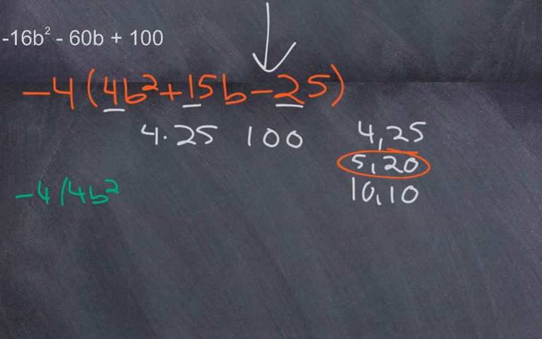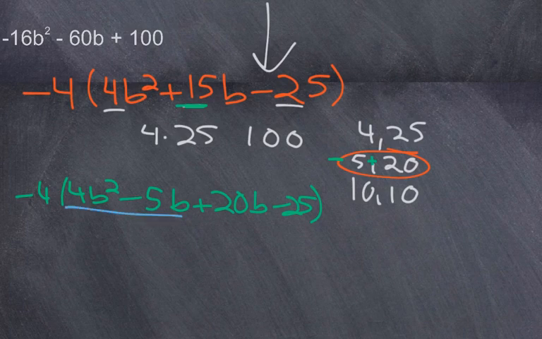Hold on. Opposite symbols. So we need a positive 15 on the inside. So one of these needs to be negative, the 5 or the 20. Well, to get a positive 15, the 5 would need to be negative, and the 20 would be positive. So I'm going to put a negative 5b plus 20b minus 25.